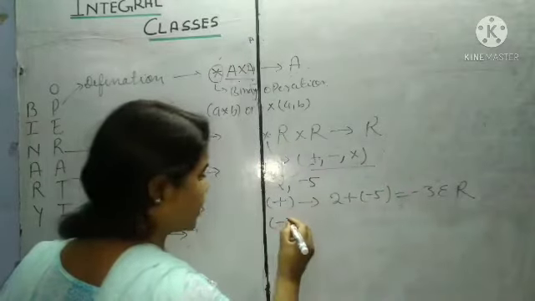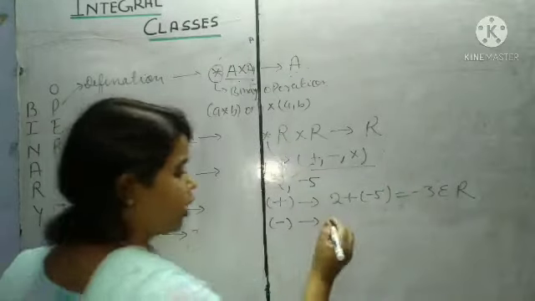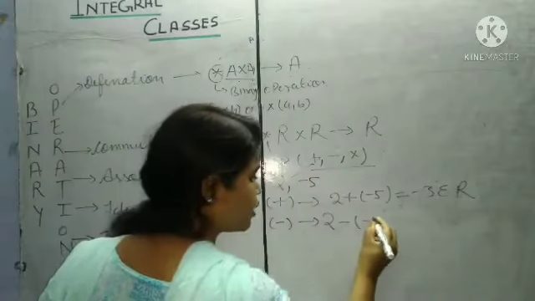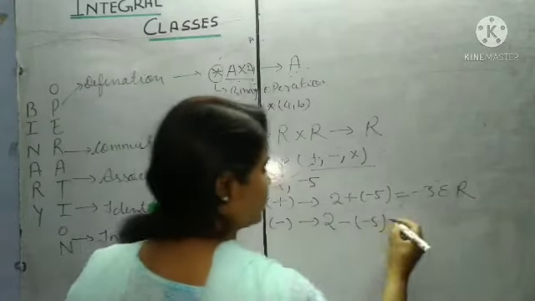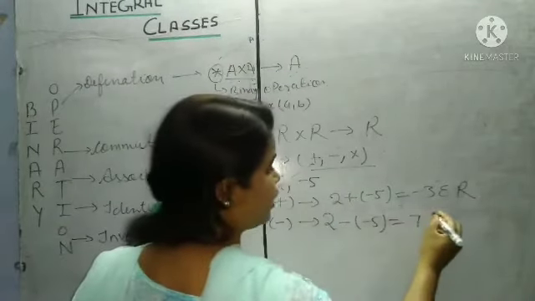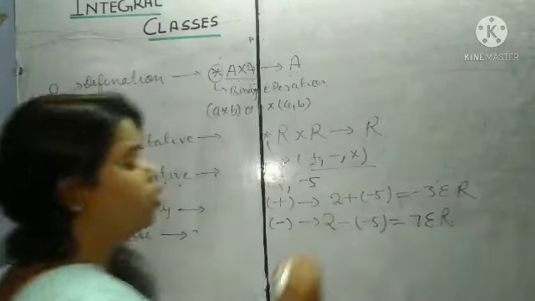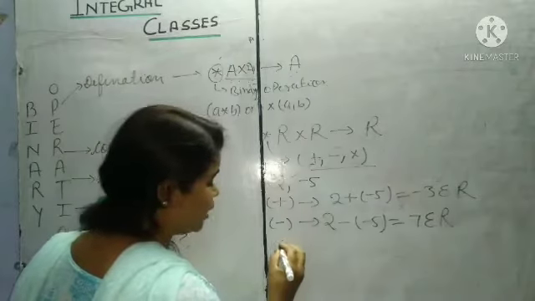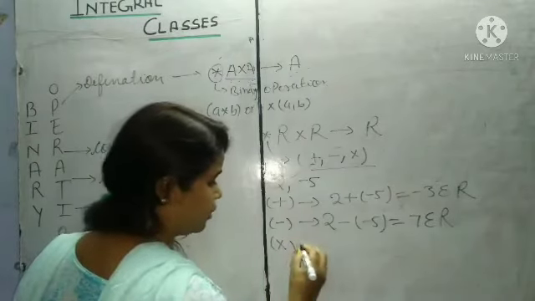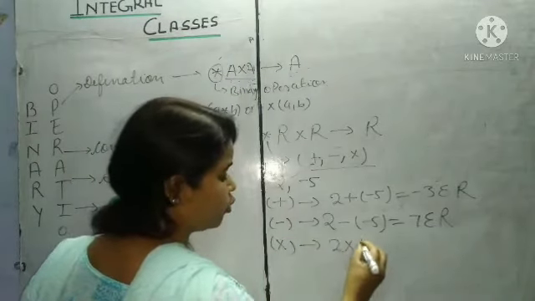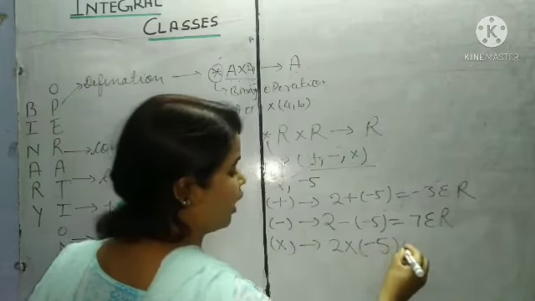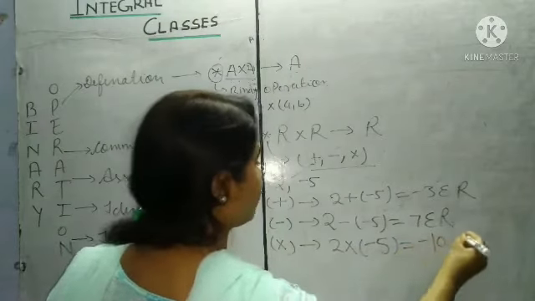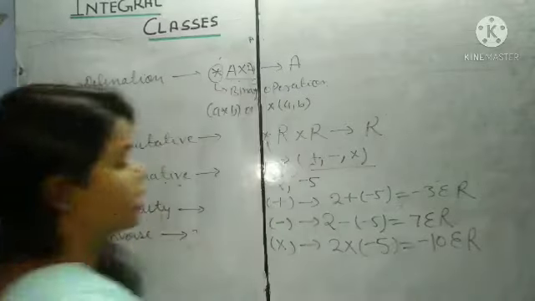Now for subtraction, again we take two elements, 2 minus minus 5, and we get 2 plus 5, which is 7, and 7 belongs to R. And third is multiplication. For multiplication, 2 into minus 5, and we will get minus 10, which belongs to real numbers.